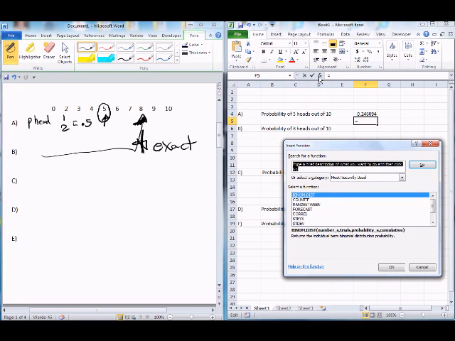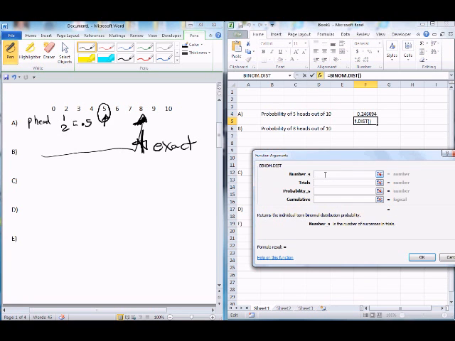I double click my function. Since I have it most recently used up here, I have binomial distribution already. I double click. This time, the number of successes we want is 8. The number of trials is 10. The probability of a success, the probability of getting a head, is 0.5.